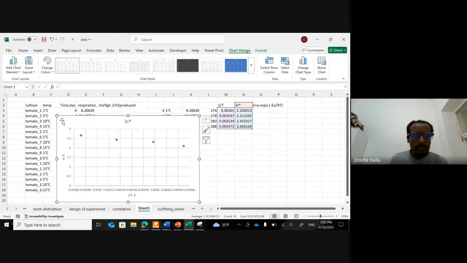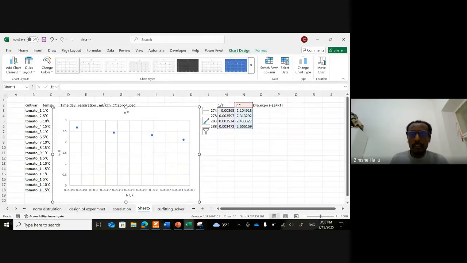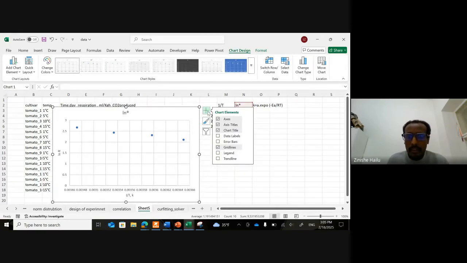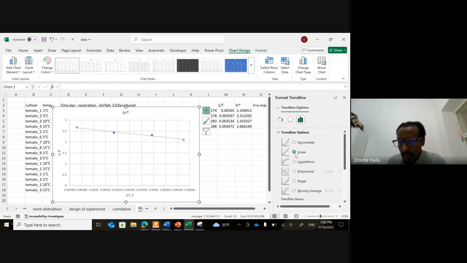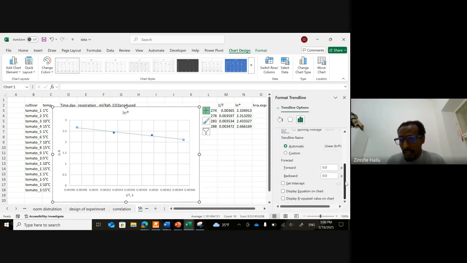And now to get the slope, we have to make the trend line to this, the best fit of trend line. So I will go to this, the trend line, and then you can use more options to get the best. So I will choose the linear line because we transformed this into linear.